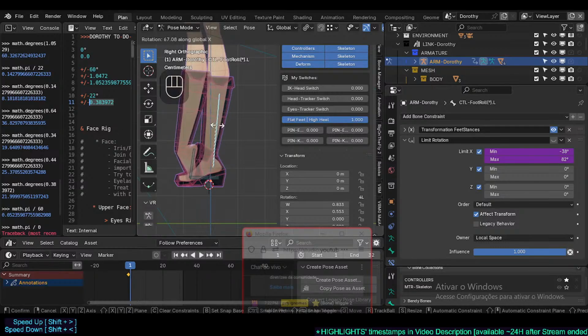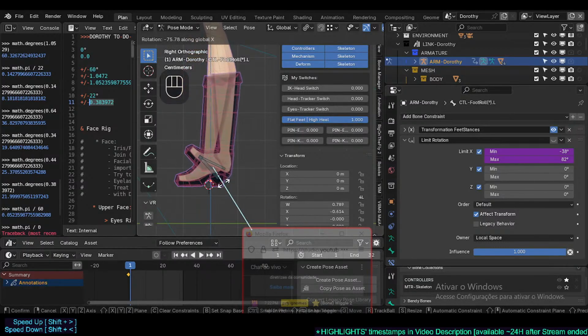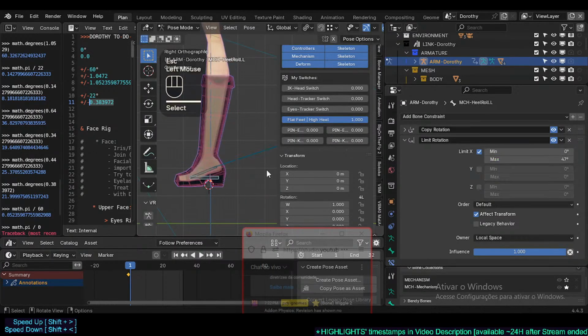Alright. We might have some delay, but that should work. So what we need here is just to maintain the 60, right?